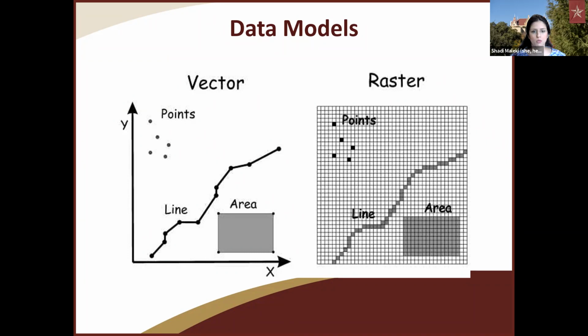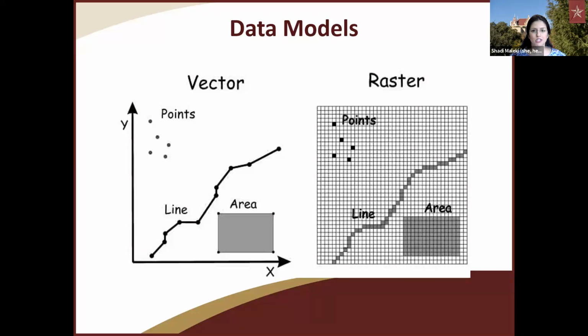Points are one-dimensional, lines are two-dimensional. They are created by two points and a line. And then we have polygons, that is multiple points and multiple lines. So you can create different shapes and different areas based on what your data is and what your project is looking like.